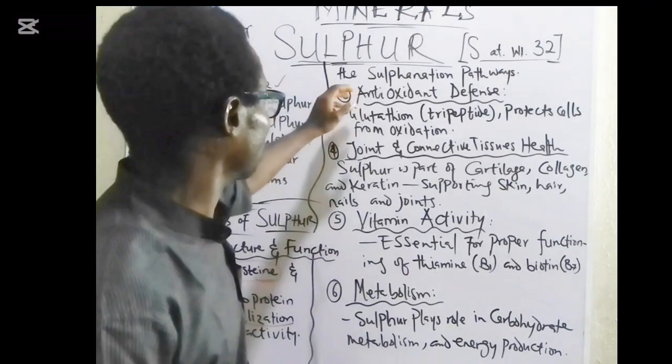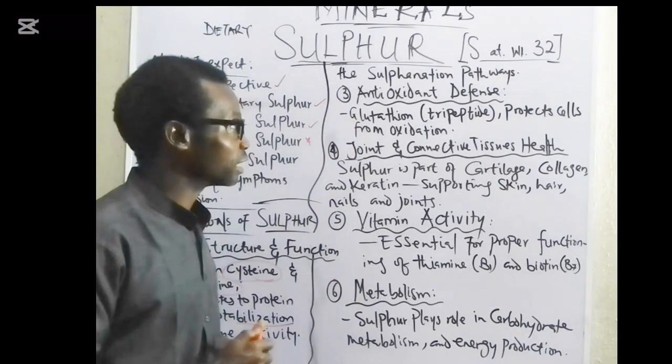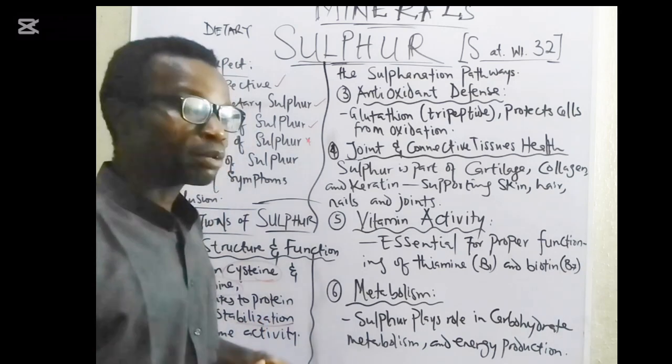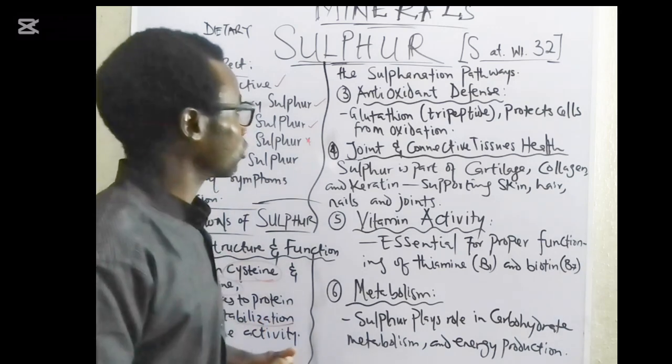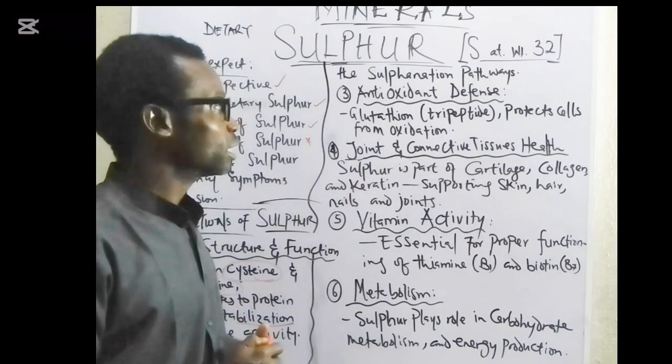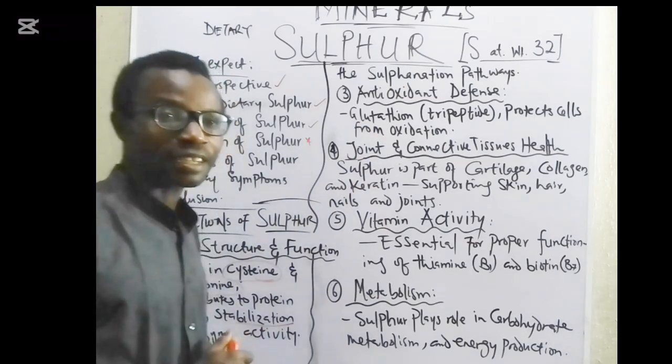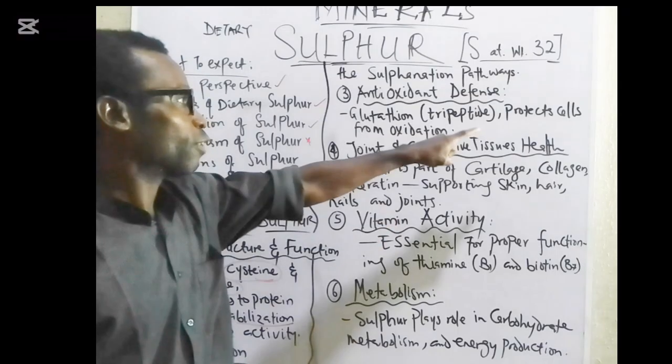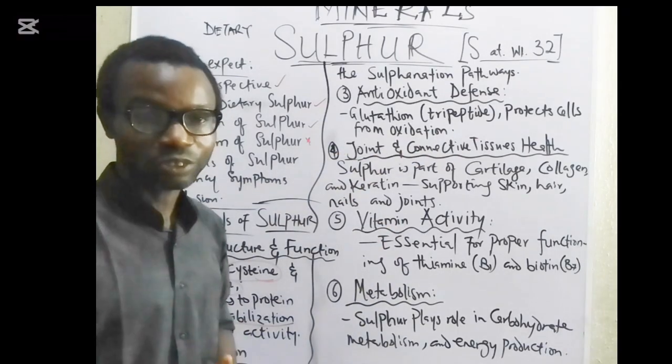Now we look at the third, which is the antioxidant part of it, which is part of its defense function. Sulfur is a part of glutathione. Glutathione is a tripeptide. It protects the cells from oxidation.